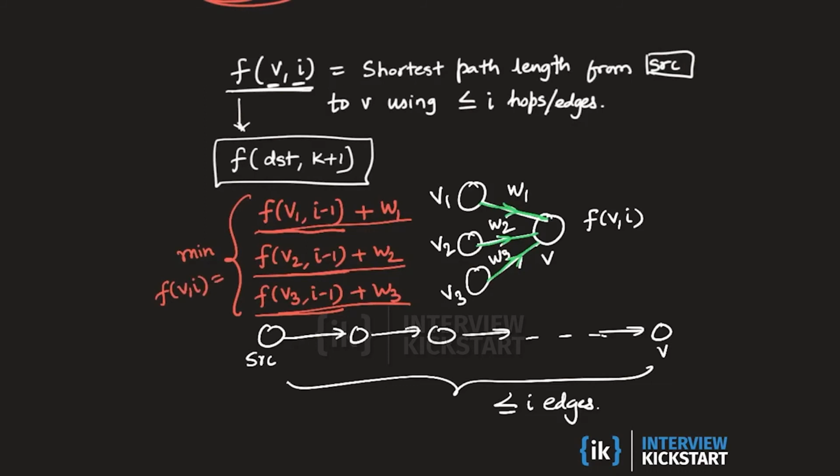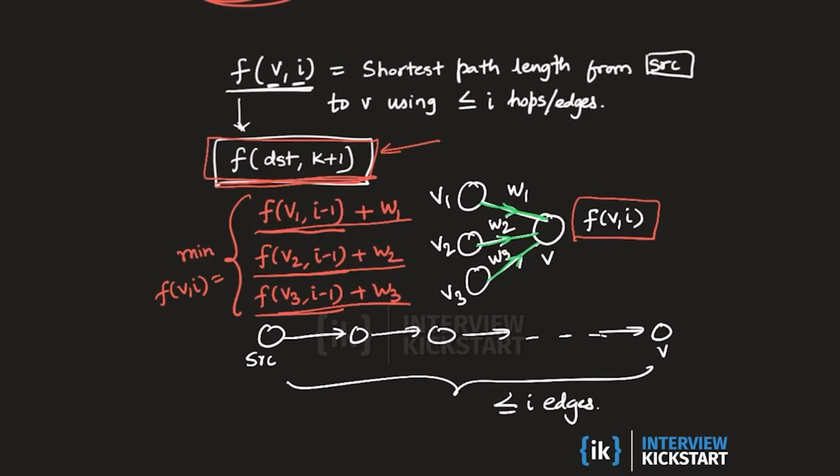So I'm sort of using the lazy manager's analogy here. As a lazy manager, if I was given the task of computing this value, the overall problem asks me to compute the value of f of destination comma k plus 1.